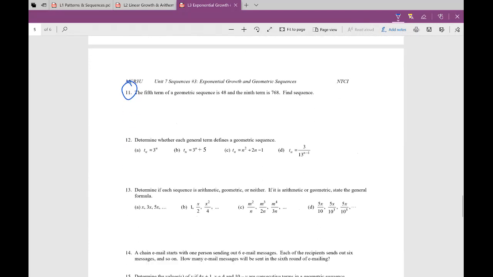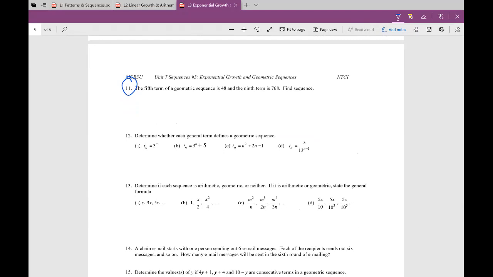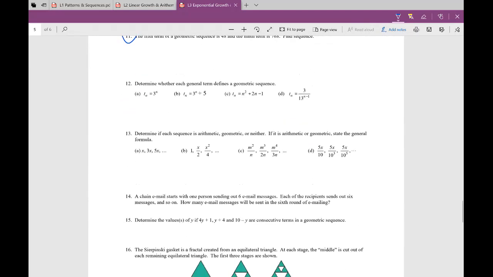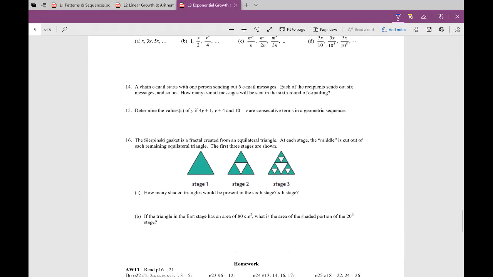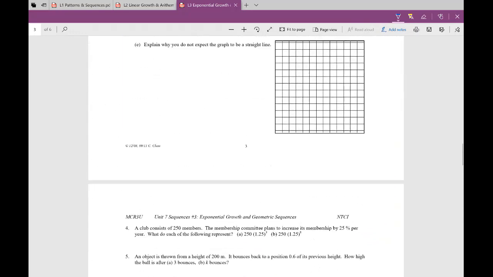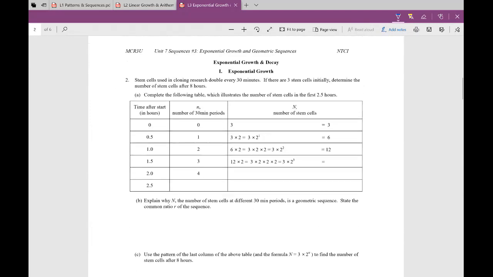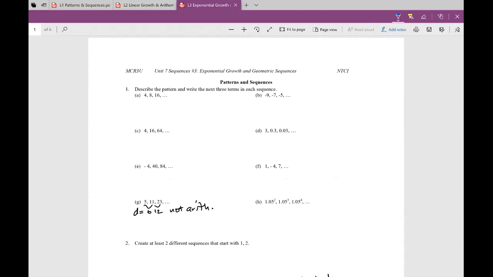Some of the harder ones, if you feel that you can't solve them, don't worry about looking at the back of the package. This last unit on sequences and series, we're just trying to get used to the formatting of the equations. And as always, for this particular lesson, all we're trying to confirm for geometric sequences, which are exponential, that's the equation. And r is equal to Tn over Tn minus 1.